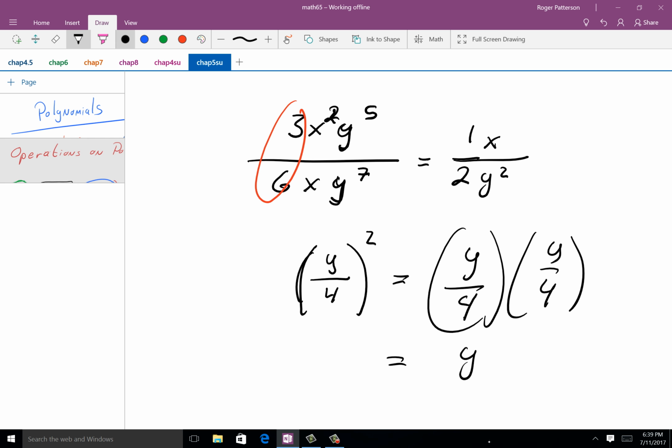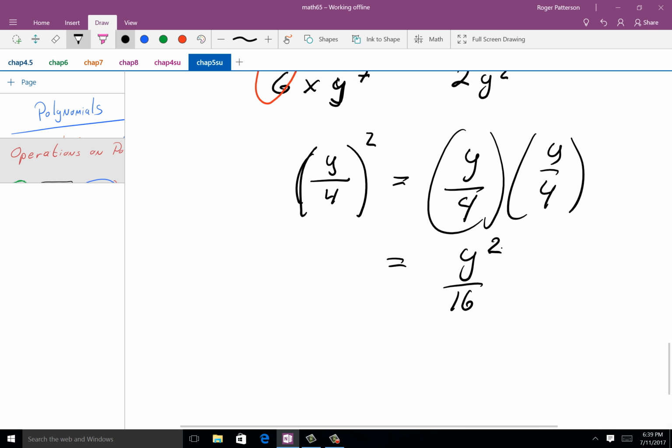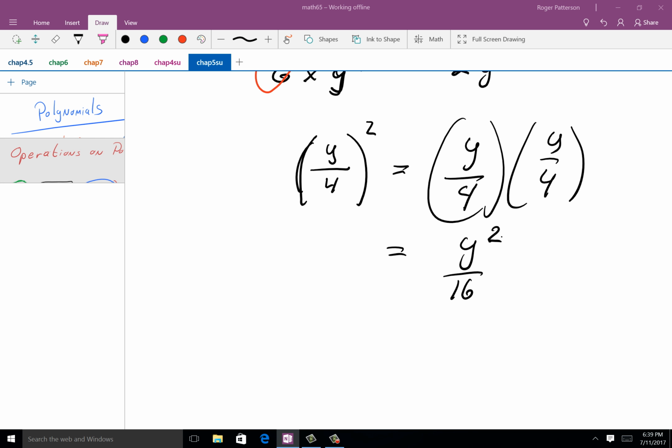So that's going to be y squared over 16, not y to the 12th, y squared. Okay? So that property just basically, you're going to take that square to both of these terms.